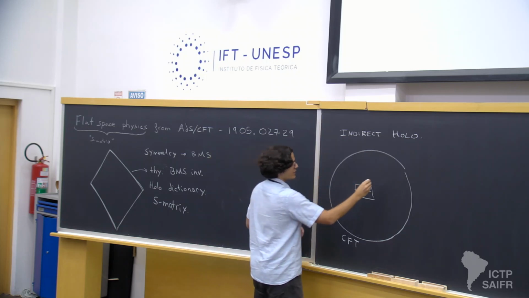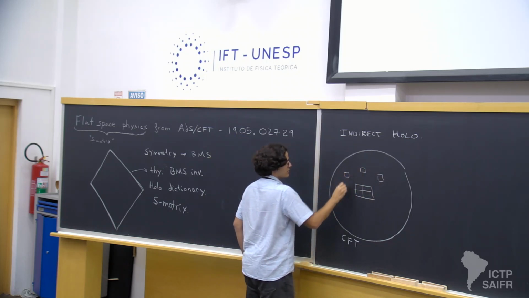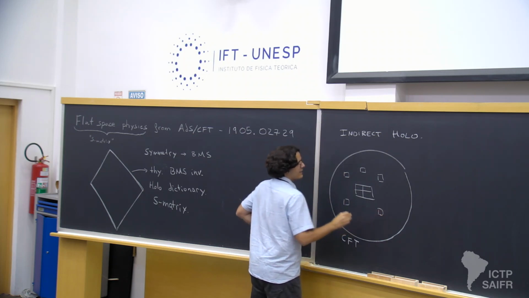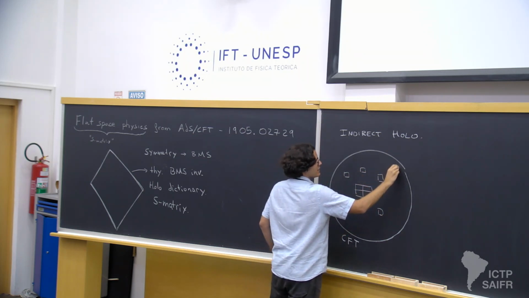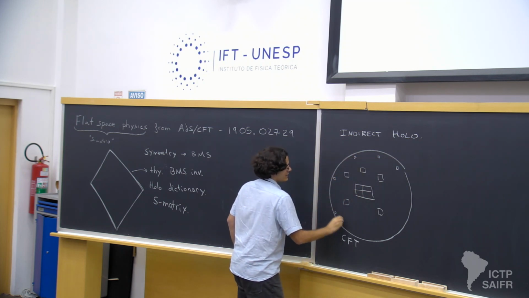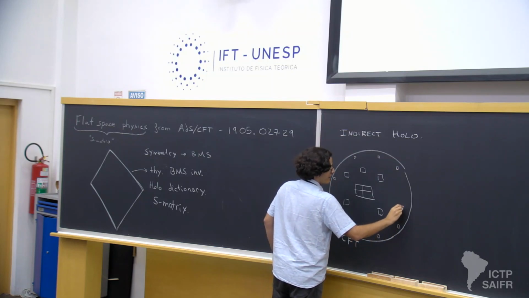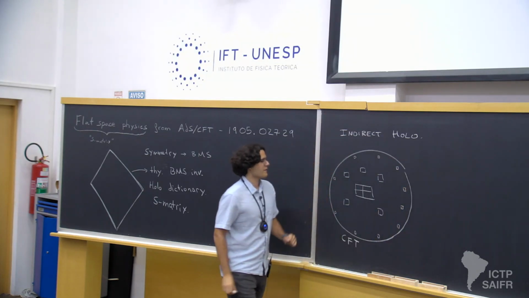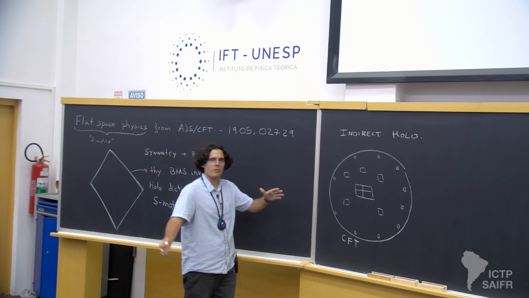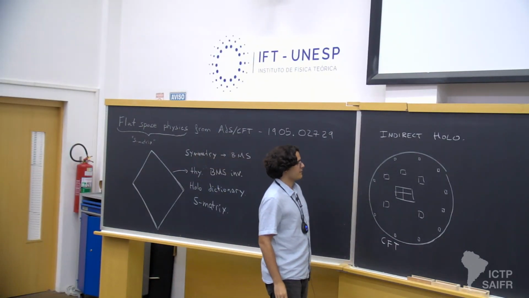As I approach the boundary, the lengths start increasing, so I can fit fewer squares, and the squares are a little bit smaller. And the fact that we see these squares changing size is a statement about the fact that AdS is a curved geometry, and there is some AdS length scale that measures how much the size of the square changes as you move along this disk.